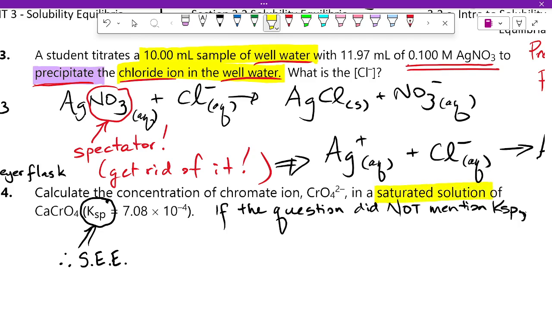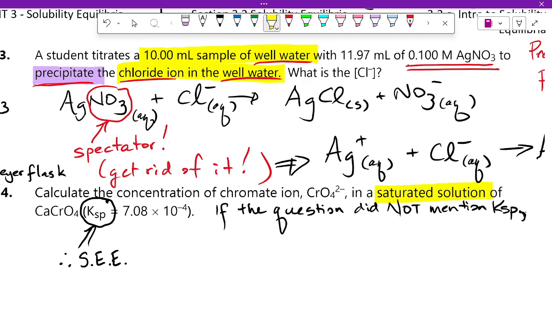That's another clue that you'll be using the solubility equilibrium equation. Because in order to have that equilibrium, the solution has to be saturated. If it is not saturated, you can't have the back and forth between the solid because there wouldn't be any solid there. It would all have just dissolved.